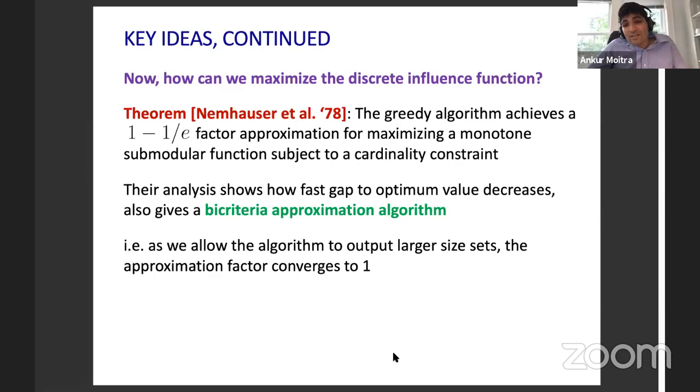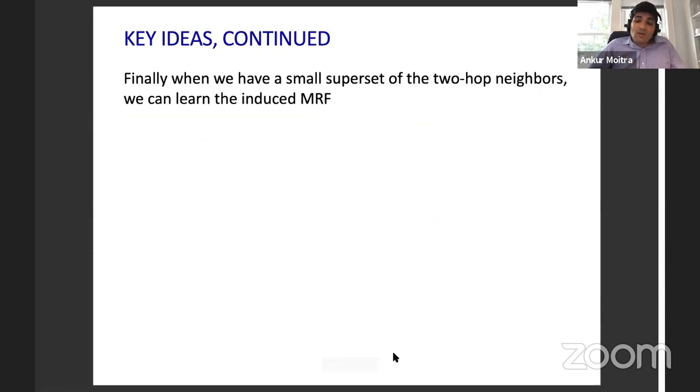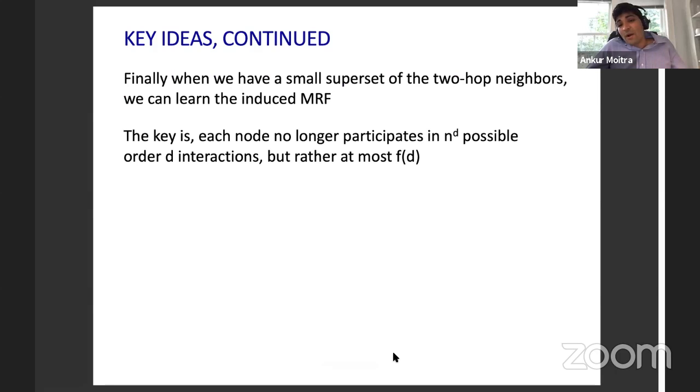What this allows us to do with this simple greedy process, where each time you pick a node that noticeably moves the discrete influence function, is that eventually you run out of progress to make, and what you end up with is a set that contains all the two-hop neighbors of I. Then you can just prune the superset of the neighbors, and that gives you a way to learn the underlying Markov random field.